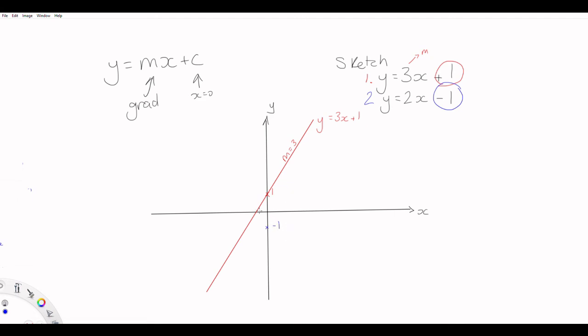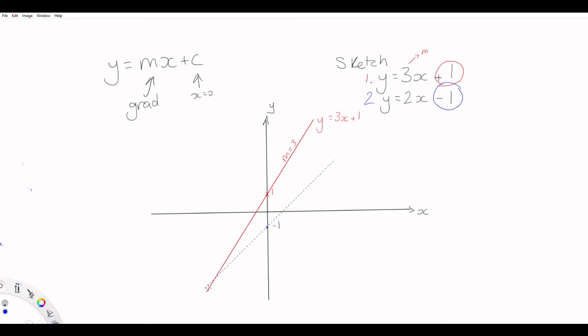Remembering to look at whether it's positive or negative. And then we have 2x, so the gradient is going to be 2. Again, we don't need to plot it, but we need to be cognizant that when we sketch it, it needs to visually be representative. If it's 2x minus 1, that means the gradient is less steep than the previous line, so it's not going to be as steep.